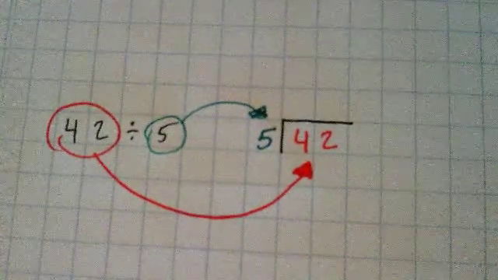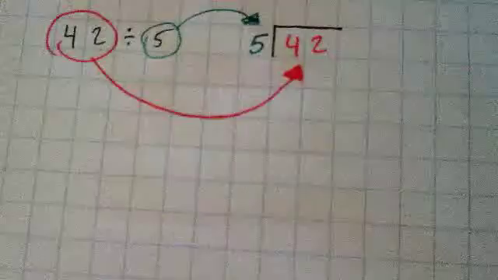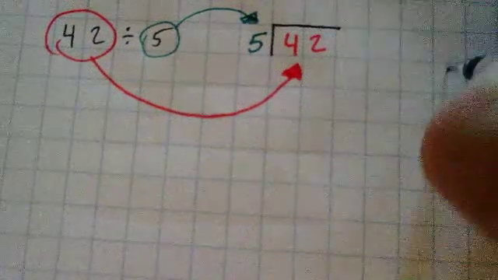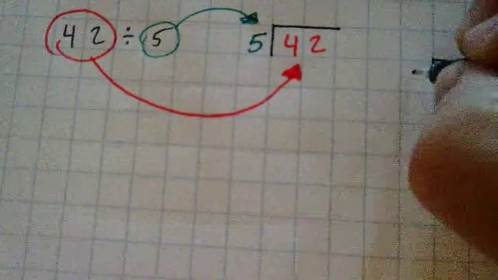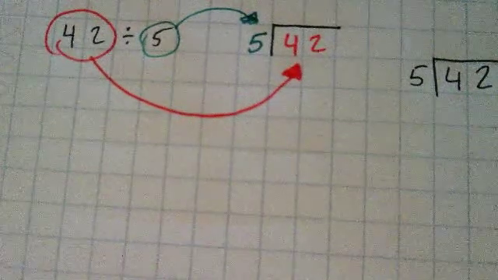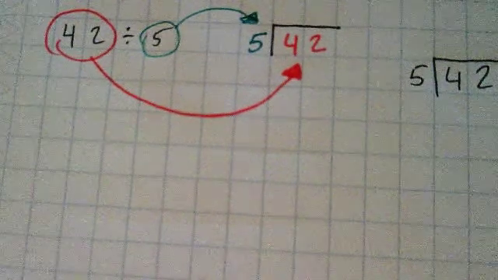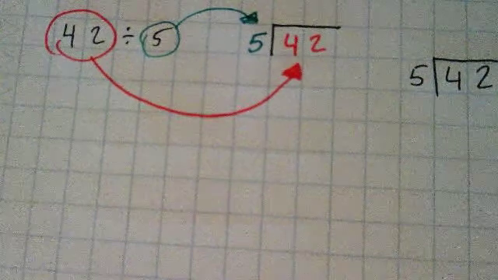I would like you to go ahead and actually do 42 divided by 5 before I send you to do your homework. You may use the whiteboard for this problem, not for your homework. I will have other papers for you for your homework, okay?